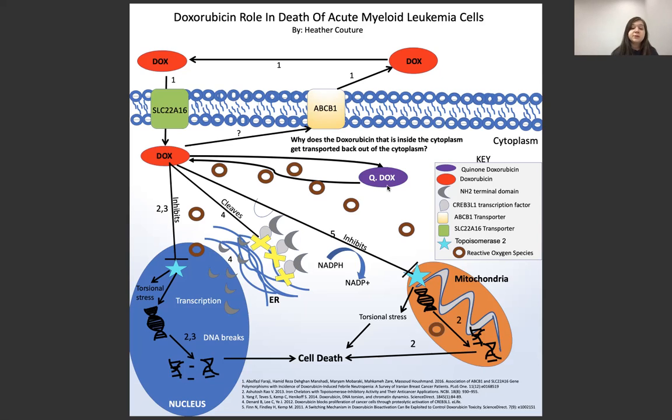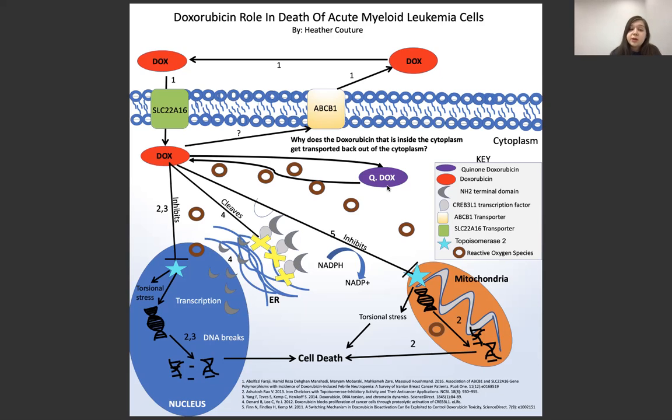But once it cleaves the proteins from the ER, the NH2 group ends up traveling to the nucleus and affecting transcription, just altering it and disrupting transcription.